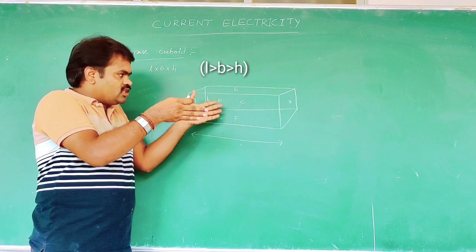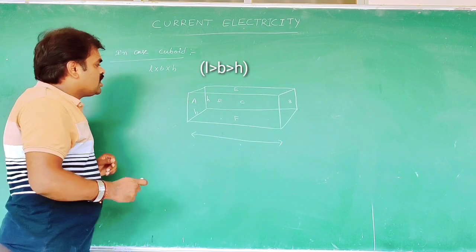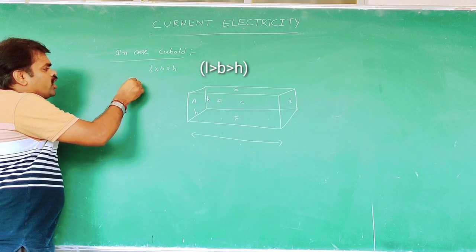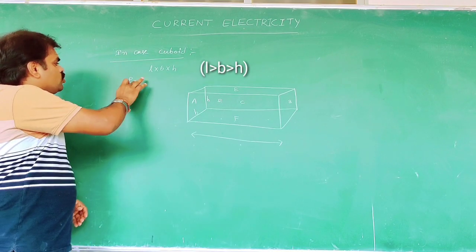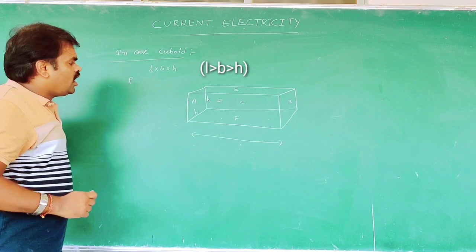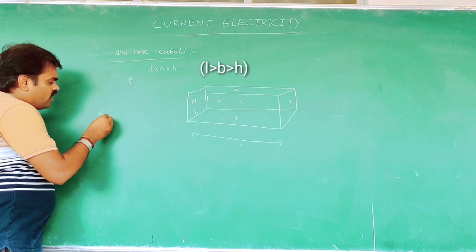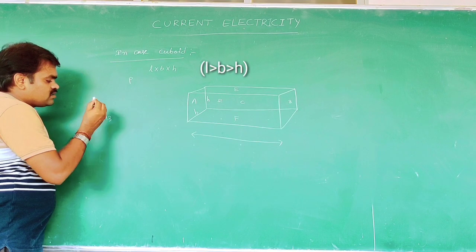This cuboid is three-dimensional, with E and F. Now the resistivity of the cuboid is rho. Now we want the resistance of face AB.